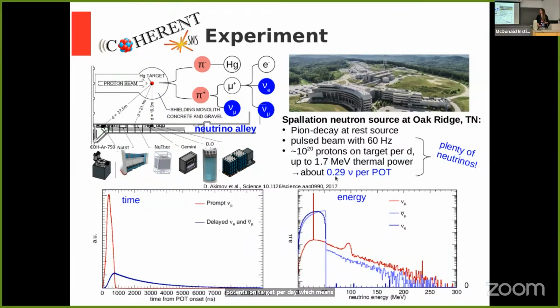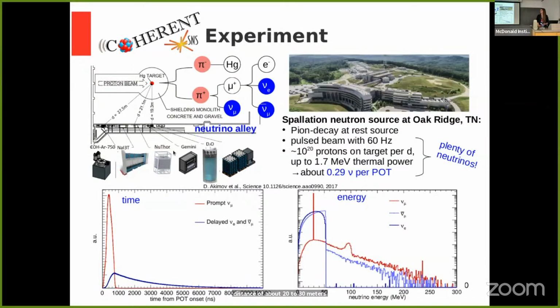And this results in a lot of neutrinos in Neutrino Alley, which is where all of the COHERENT experiments are located. Neutrino Alley is in the basement of the SNS, at a distance of about 20 to 30 meters from the target.